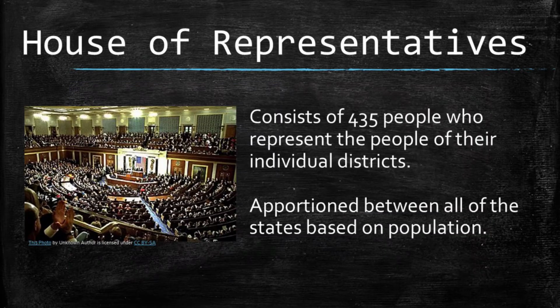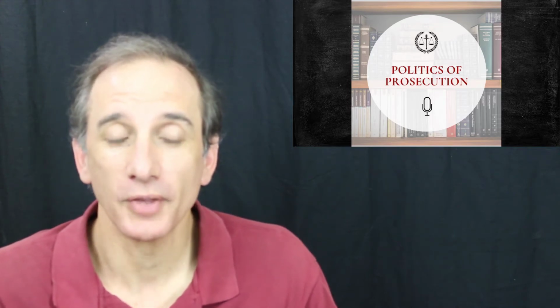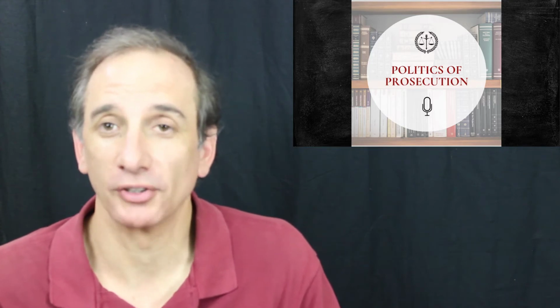The House of Representatives is going to have 435 members spread out among the 50 states. They are selected or they are determined by population. So now we're undergoing the 2020 United States Census. Once that is all completed, we're going to reapportion the seats in the House of Representatives based on population.